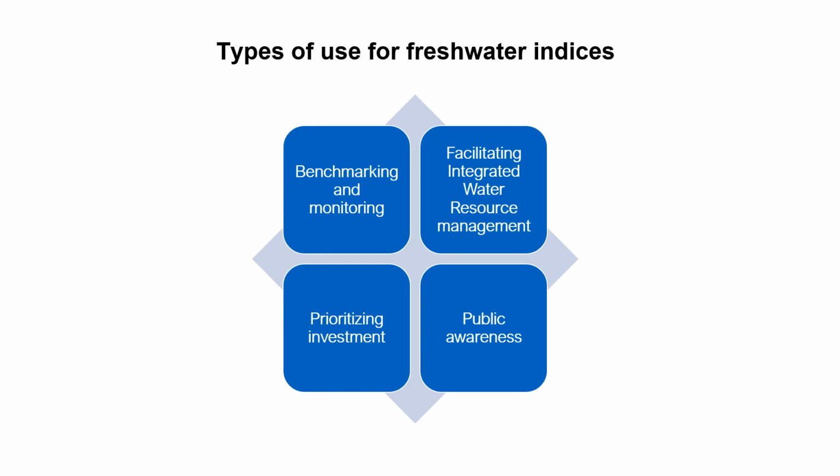For example, the development of a freshwater index as a start requires identifying basic data needs and gaps. Indices can also be useful in identifying areas that should be prioritized for investment, where they have identified deficiencies or increased water-related risks that can be mitigated by investing in appropriate changes.